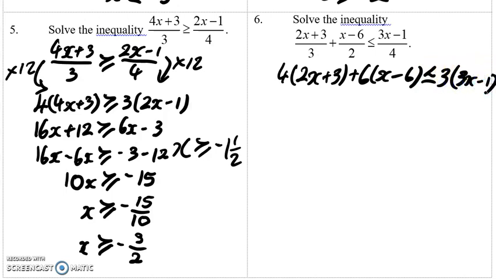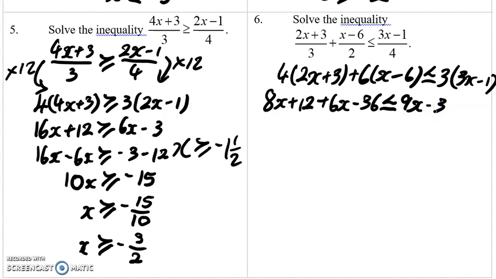From here, this gives me 8x plus 12 plus 6x minus 36 less than or equal to 9x minus 3.